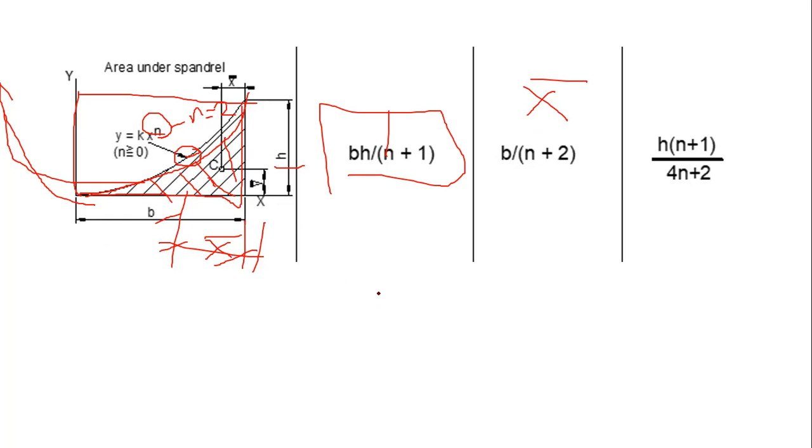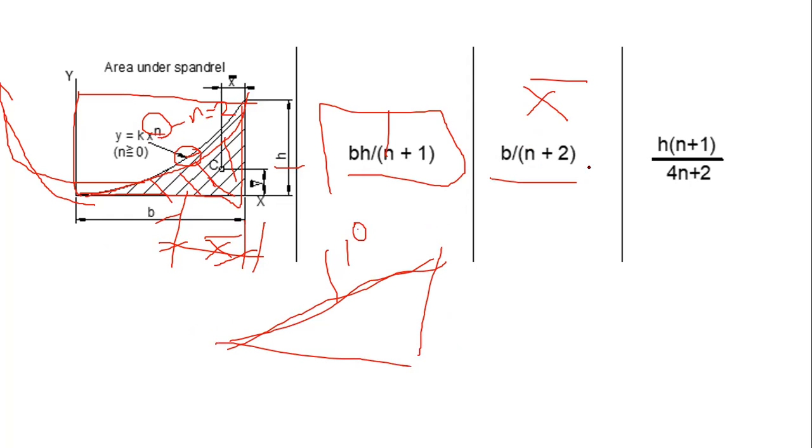That's why for a triangle, what's the degree of the triangle here? First degree, right? So if we use this formula, the centroid is b over n plus 2, n is 1, 1 plus 2 is 3, so 1/3 of b.